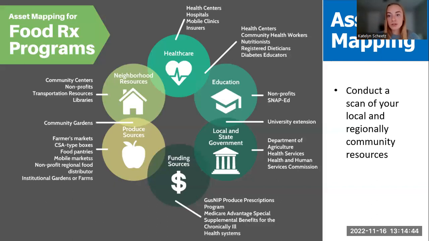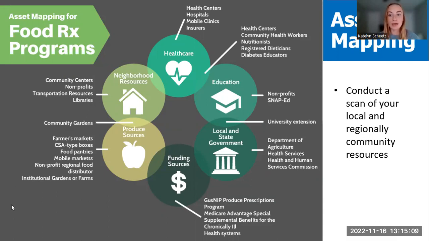So once you've determined that your organization is ready to implement a program, you'll need to identify partners in your community to supply produce and potentially provide education, coordination, or funding. So in the guide, we've included an asset mapping activity to conduct a scan of your local and regional community resources.